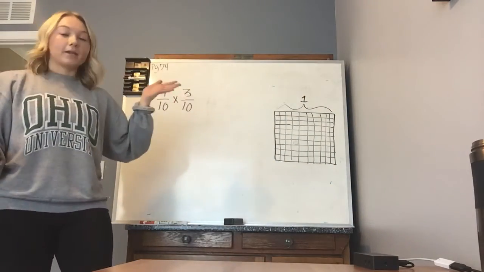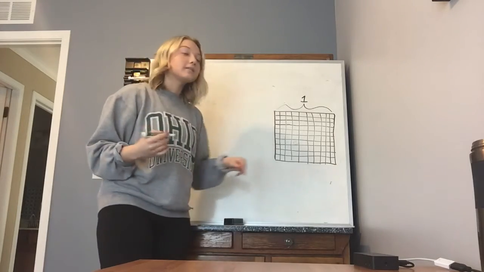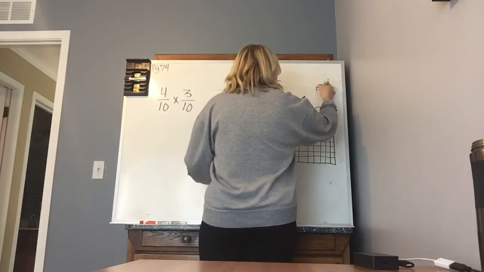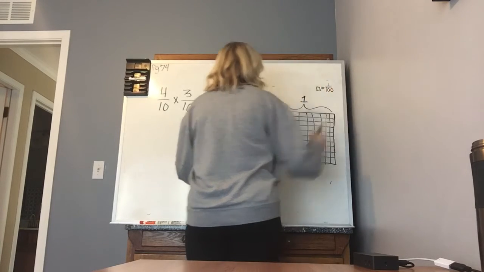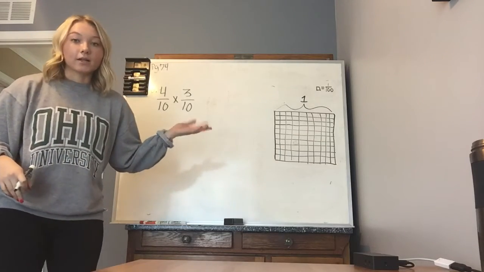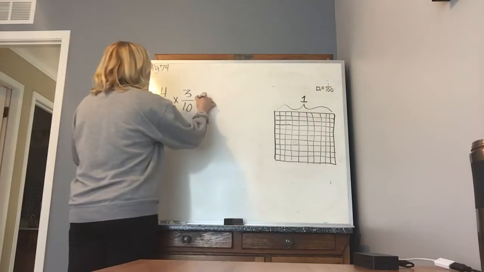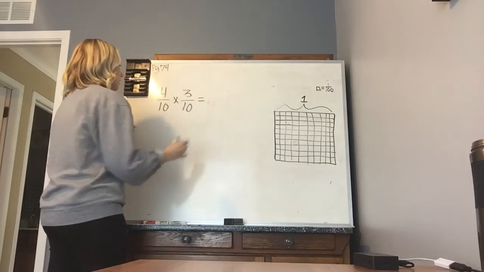It's broken up into hundredths. So each little square is going to be equal to 1/100th. Okay? All right. I know you guys are probably like, OMG, Miss Sullivan, I can just multiply across. You're killing me.